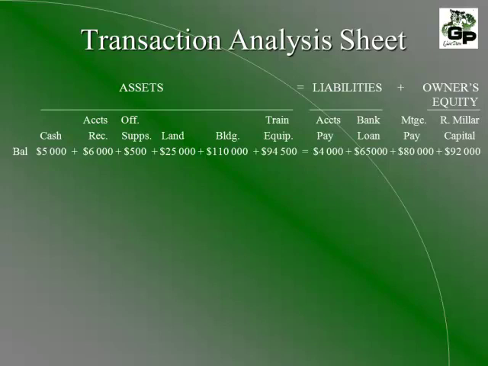Notice that when we complete the transaction, we have the totals of the assets at the top, we have the totals of the liabilities at the top, and we have the totals of the owner's equity. Notice we have an equal sign here and a plus sign here. Assets are on the left side. The equal sign is in the middle between the liabilities and owner's equity and the assets. And joining the liabilities and the owner's equity is the plus sign.